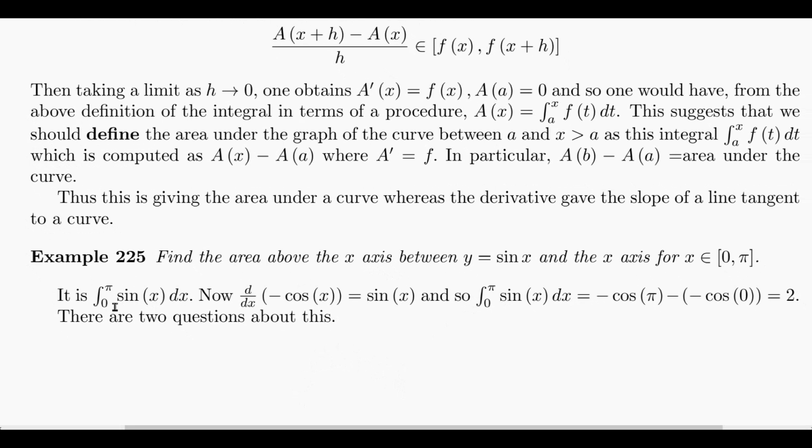And so the integral from 0 to pi of the sine of x dx is this area, because this function is non-negative on this interval. And now I observe that I know an antiderivative for this function, namely minus the cosine of x. So this integral is minus the cosine of pi minus minus the cosine of 0, and that's 2.